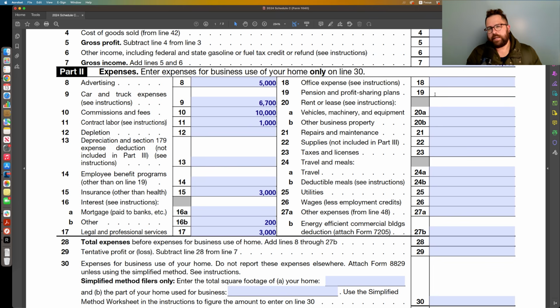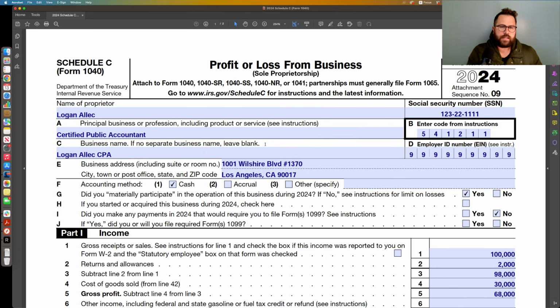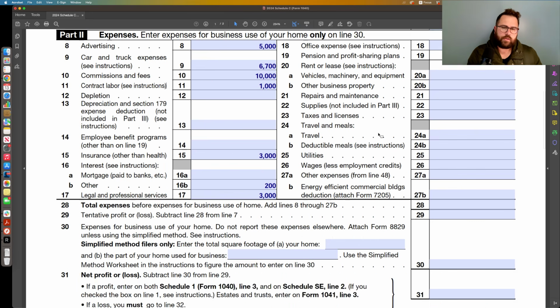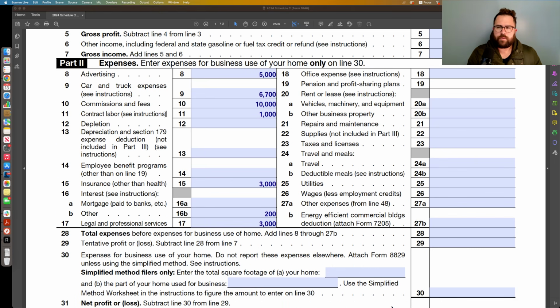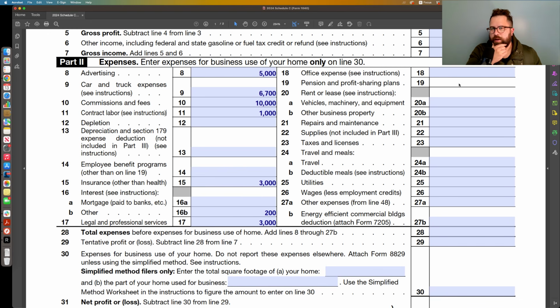Pension and profit sharing plans. Obviously if you're just a sole proprietor and it's just you, you probably don't have employees, so you're probably not going to have that complicated a thing here. But if you did make employer contributions to a pension or profit sharing plan for your employees, then that would go there.